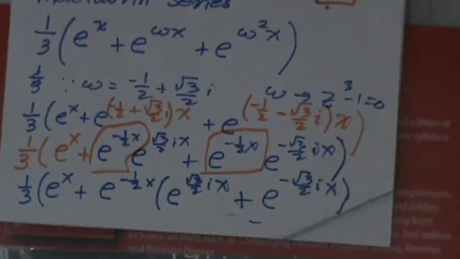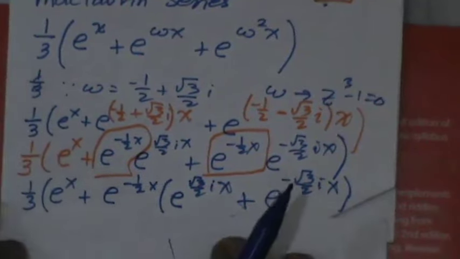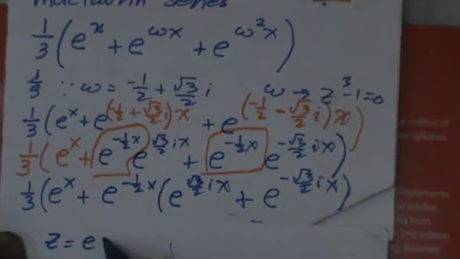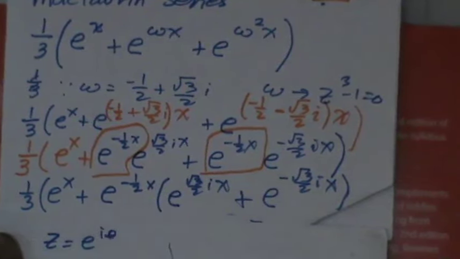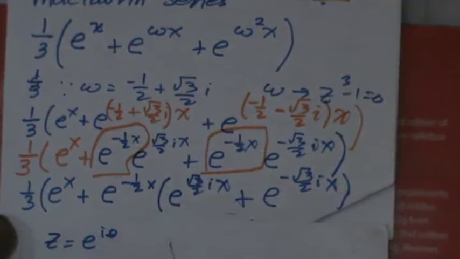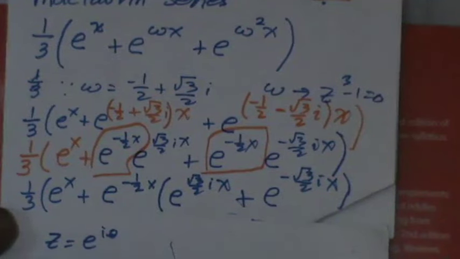If you look at this, remember that z is also written as e to the i theta. And remember De Moivre's theorem. Sorry, it's not visible, I'm very sorry about it.